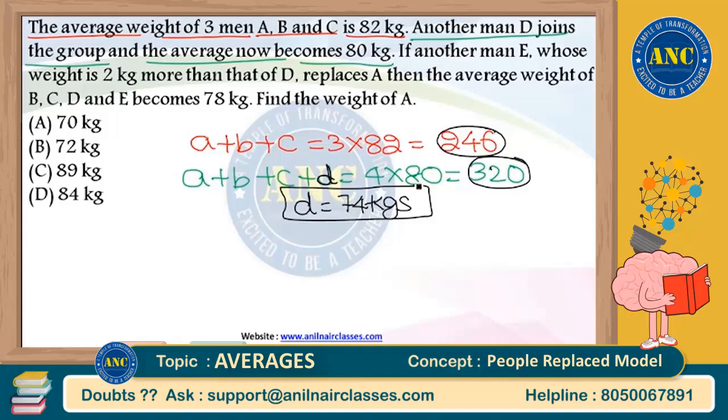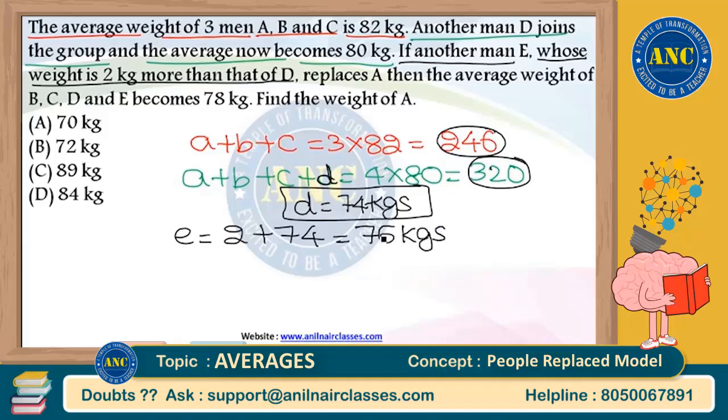Now, the next statement is, another man E whose weight is 2 kgs more than that of D. That means there is a person E, he is 2 kgs more than D. D is 74, so E is 76 kgs, right? If E replaces A, then right now there are 4 people, B, C, D, E. A will get out of the class.